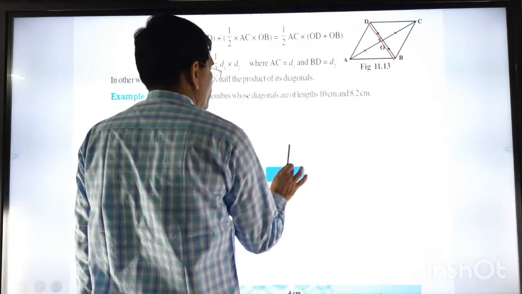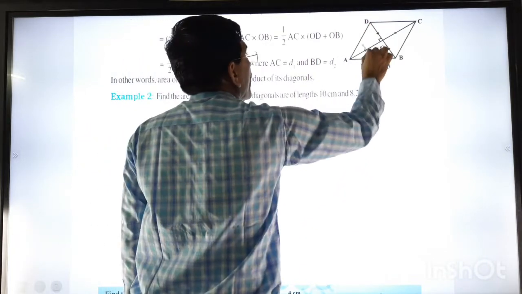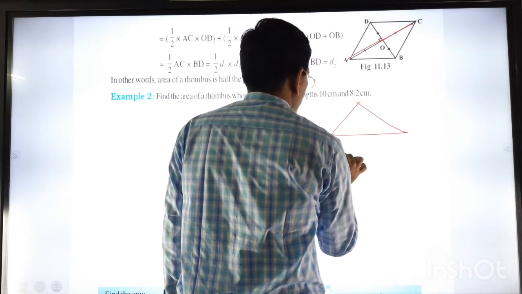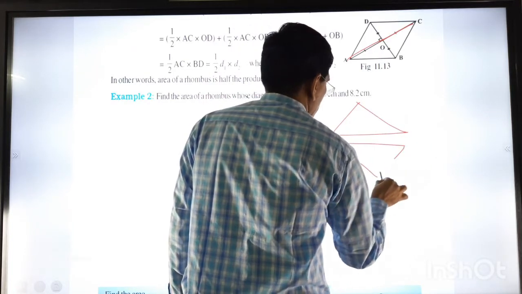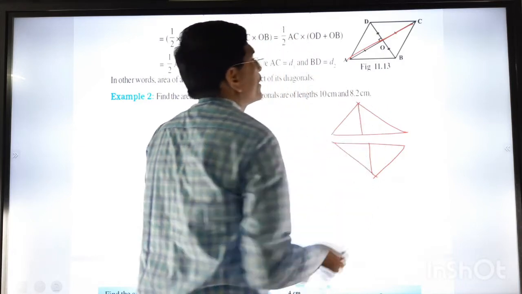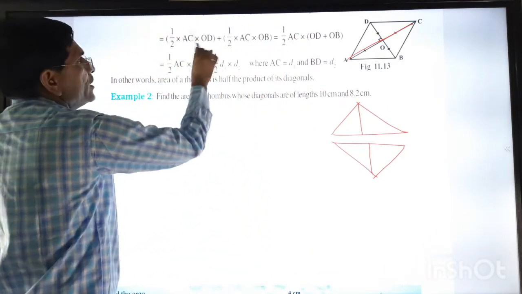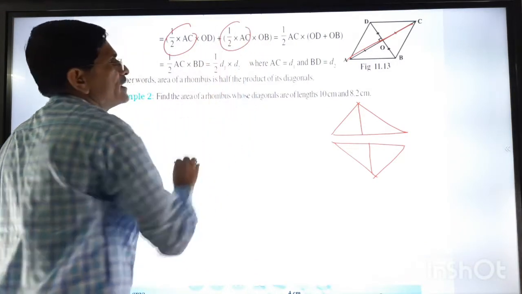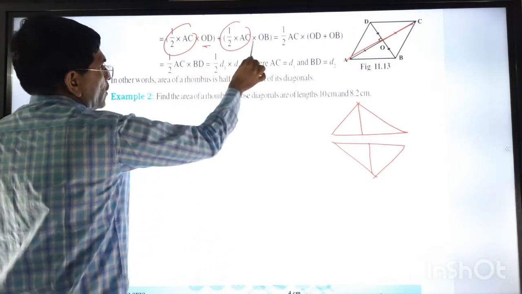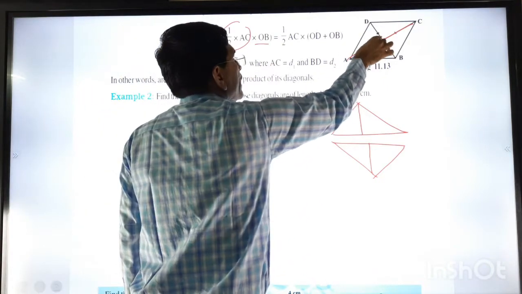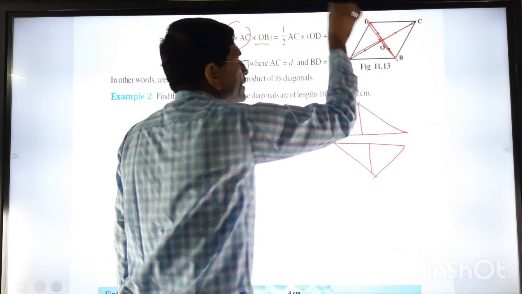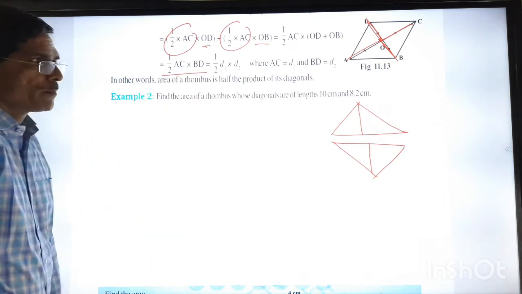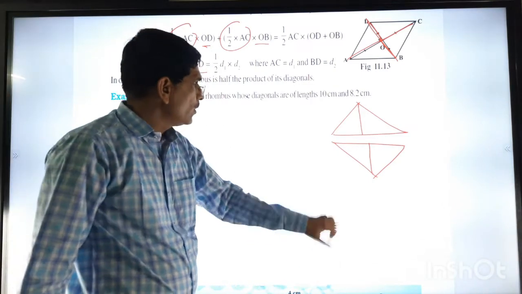Now AC is the base, so two triangles we can generate. Here the altitudes are OD and OB: half into AC into OD, half into AC into OB. Half AC is common. Then OD plus OB is BD. That is why we can write half into AC into BD, or half into d1 into d2.